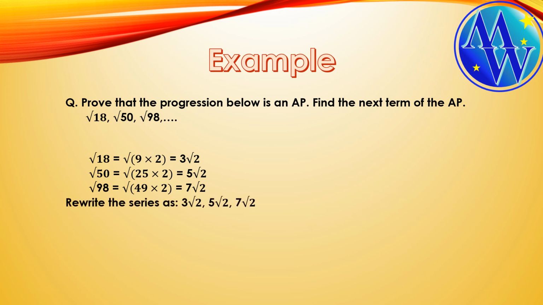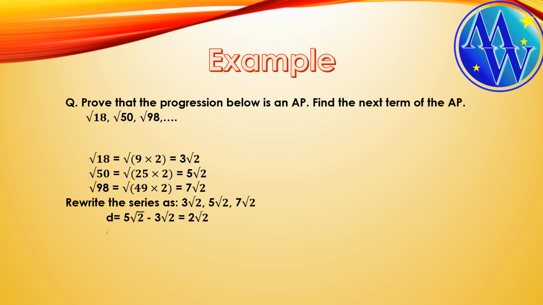Now let's check the difference. For the first two terms, we subtract 5 root 2 minus 3 root 2, which equals 5 minus 3 is 2, right? And root 2 is common, so the answer D is 2 root 2.